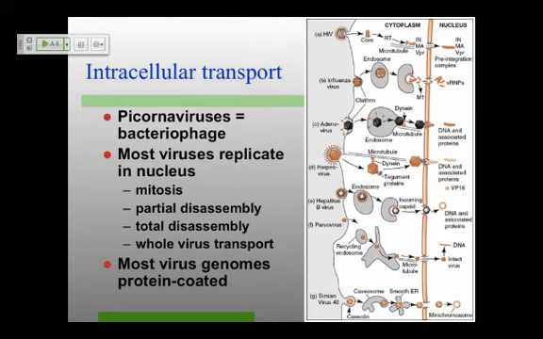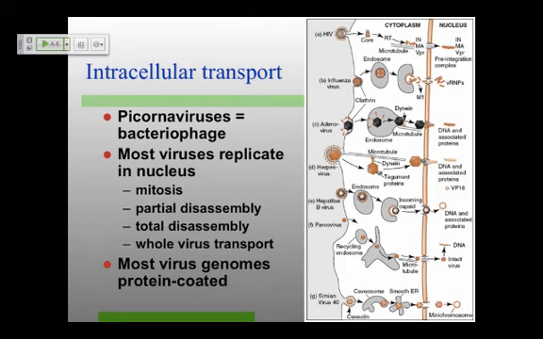This slide is basically everything you need to know about virus entry. So in terms of thinking about exams, later on we'll go through every single one of these, each of the different viruses. But basically, there are a couple of important things to see on this slide. Mostly that almost all of these are coming into the nucleus to replicate. So they have to get their genomes to the nucleus to replicate.